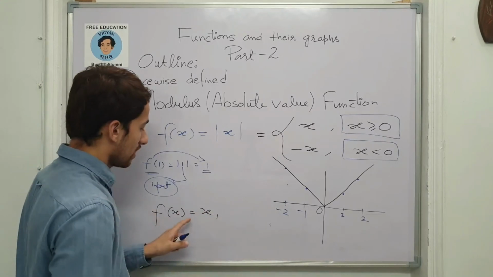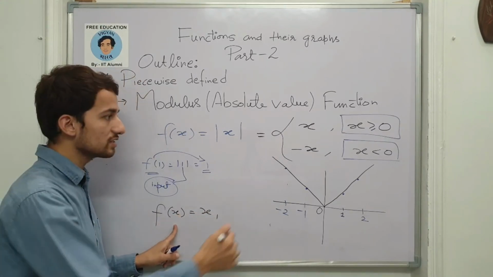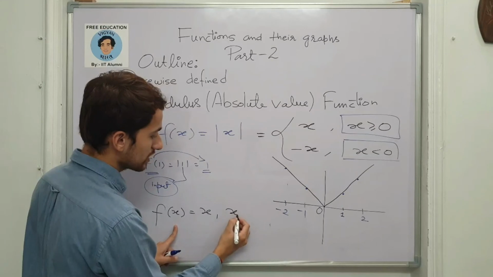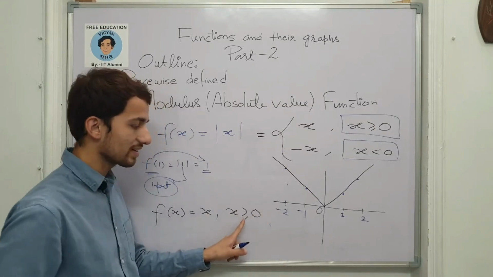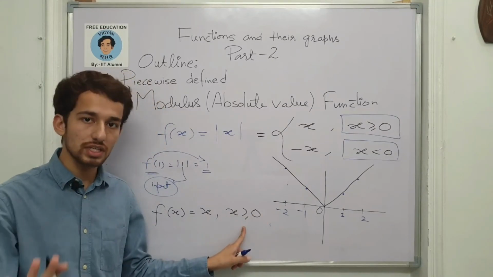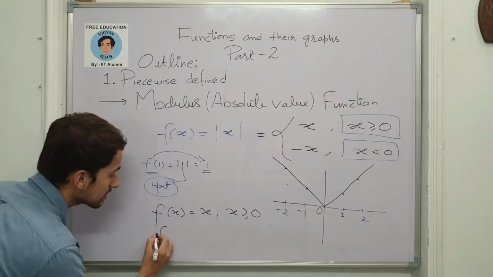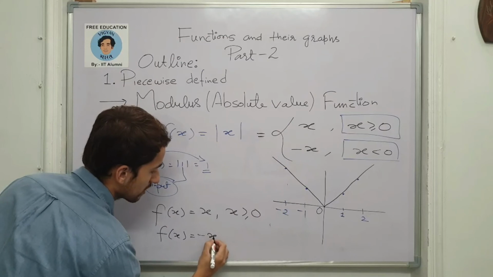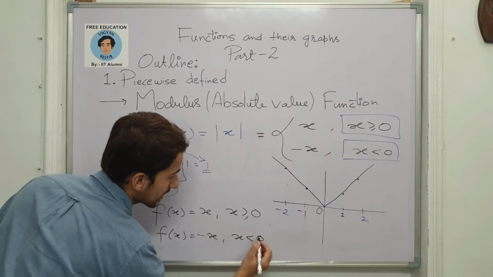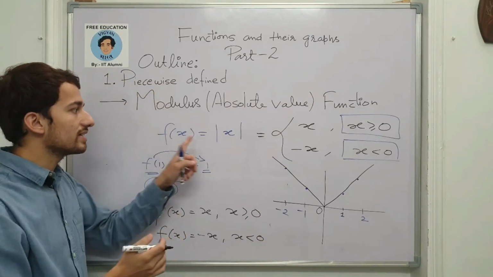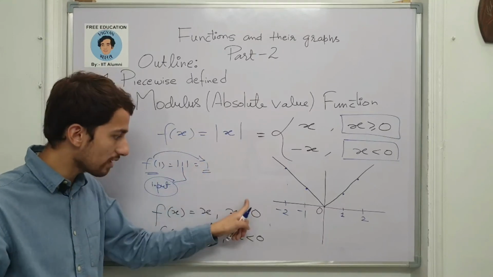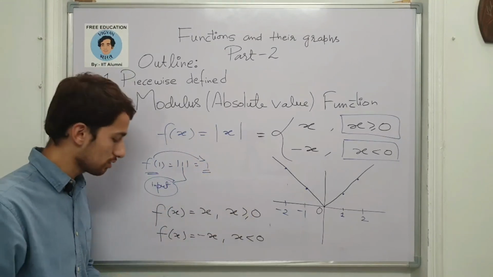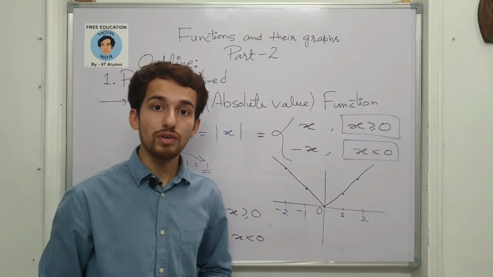Of course, the x which I have restricted is on the non-negative part. The values which I can take are only non-negative, either strictly positive, or 0 itself. And the second case is f(x) equals minus x, when my x is negative. So this is how I have divided the original function piecewise based on its domain. So this is also an absolute value function.